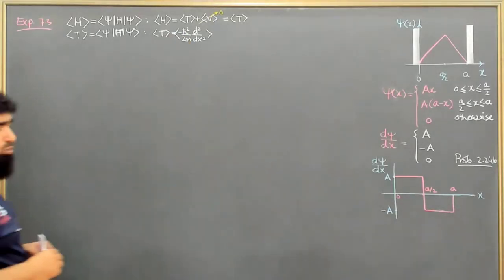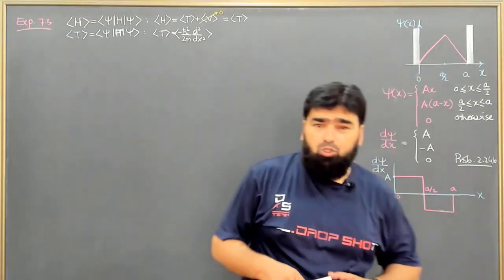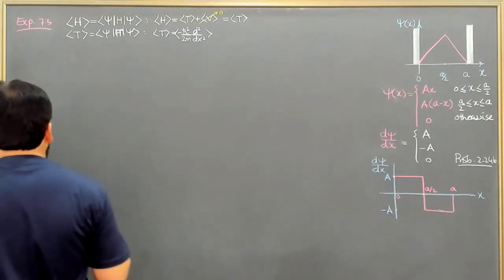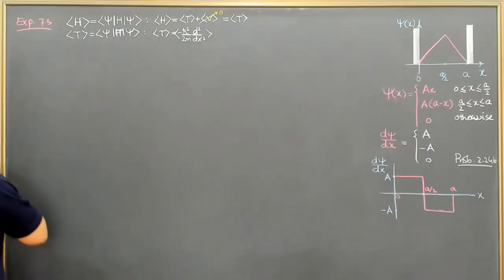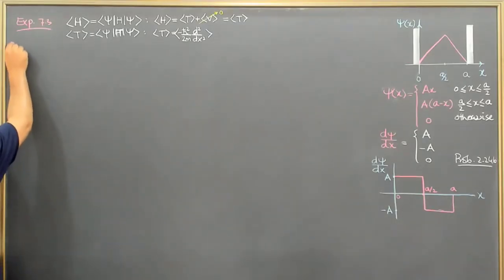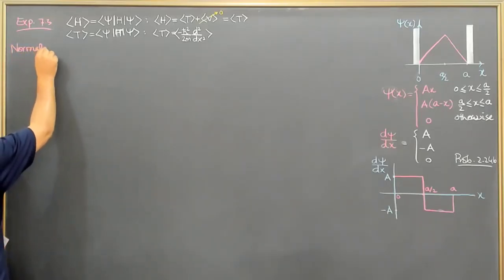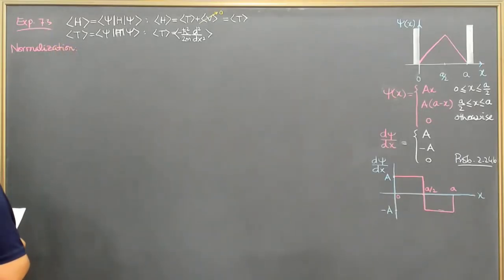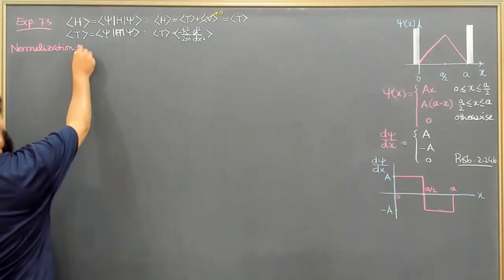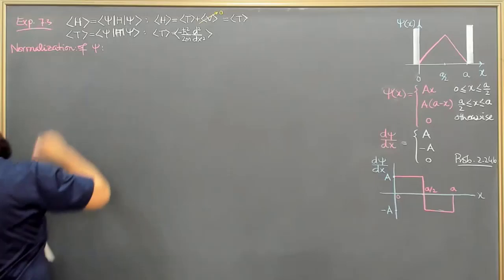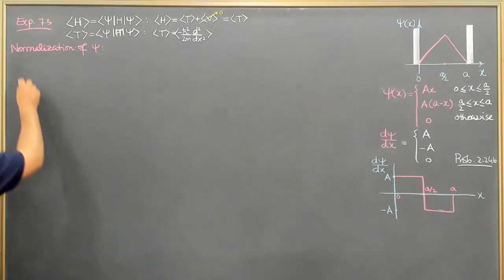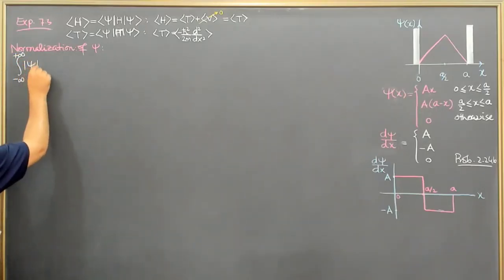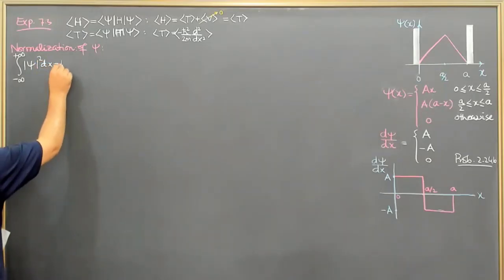Now the very first thing that we will do in this problem is to find out the normalization constant, because we don't know the value of A. So we first do the normalization of psi, which is the integral from minus infinity to plus infinity of psi mod square dx equal to 1.